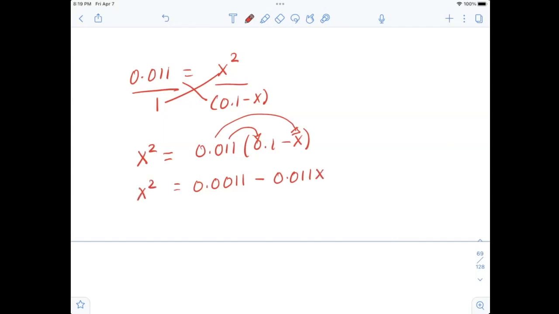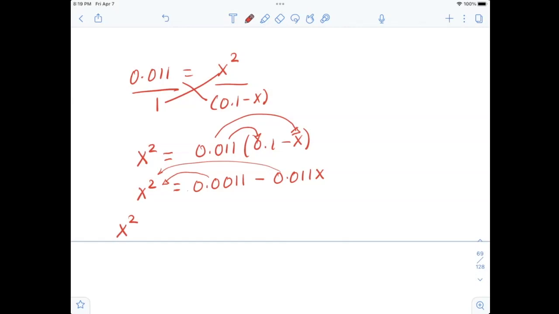This is x squared. Now bring all these numbers over. Remember, when these numbers cross over the equal sign, the sign before the number changes. So this becomes negative, and this will also cross over and become positive. So this becomes x squared.